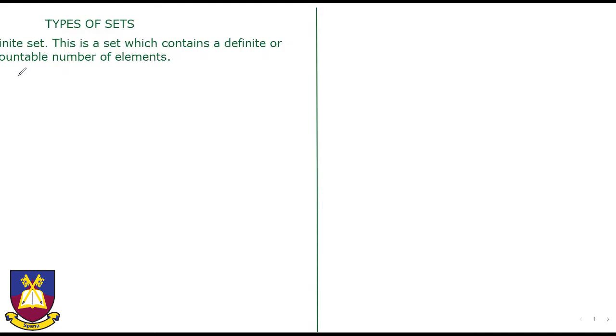For example, if I have a set A, which is even numbers less than 10, so this set A contains even numbers less than 10, meaning we can easily count those numbers. The elements inside this set are countable. And in this case, we say A is a finite set.